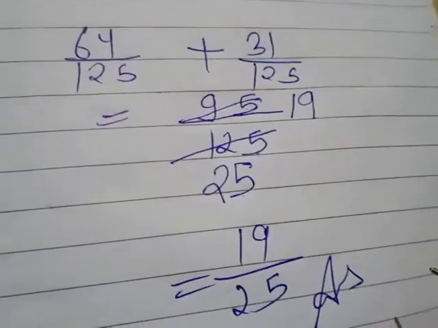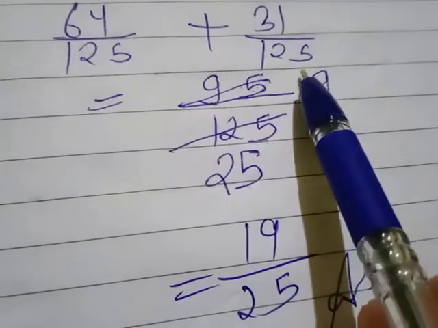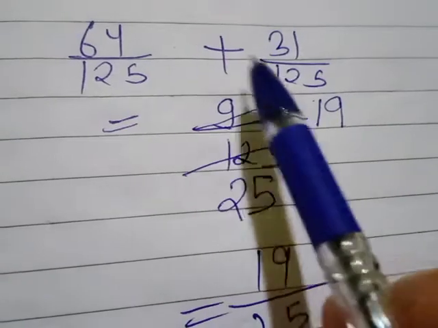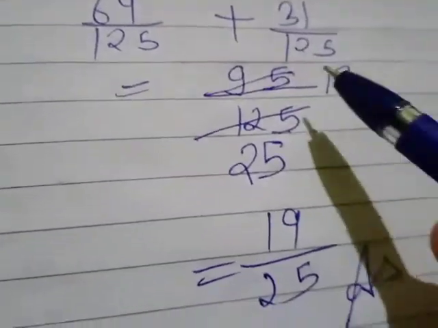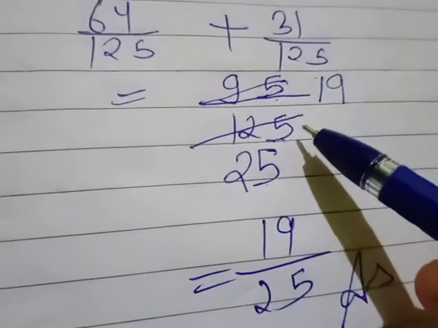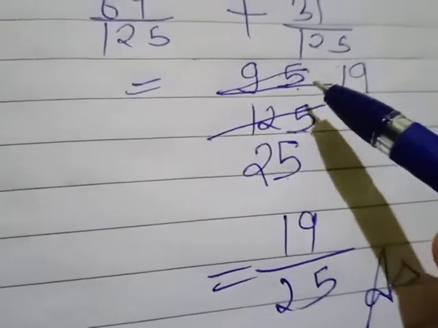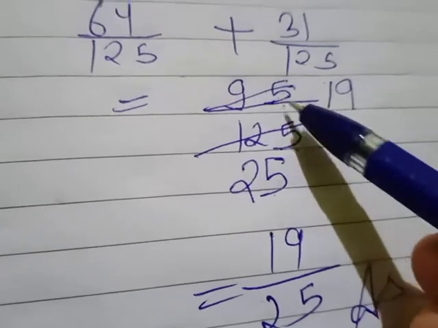Clear? So whenever the question is given with same denominators, then we write the denominator same, only we will add the numerators. While adding, if you see that both the numbers of numerator and denominator are divisible in any one table, we will divide those numbers with that table. Clear? So here in ones place it was 5.